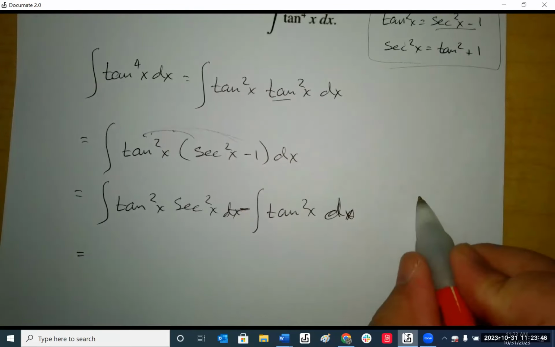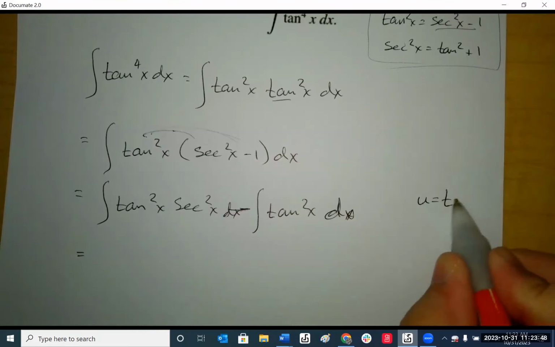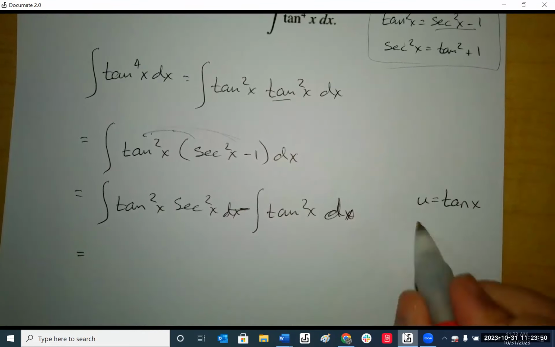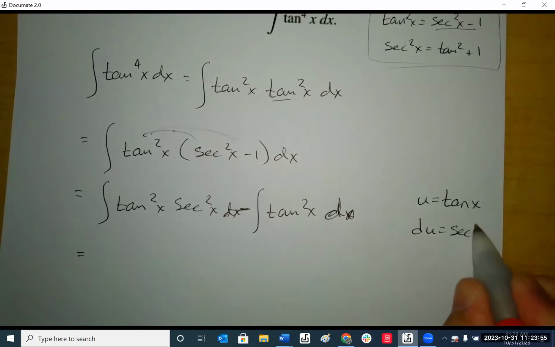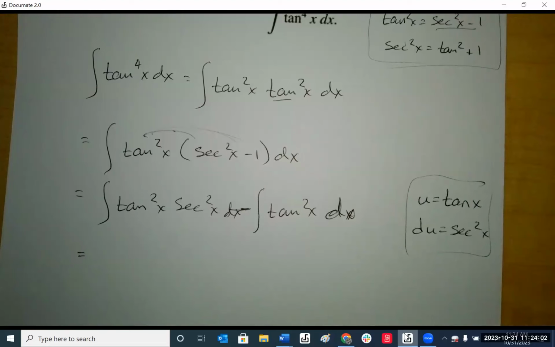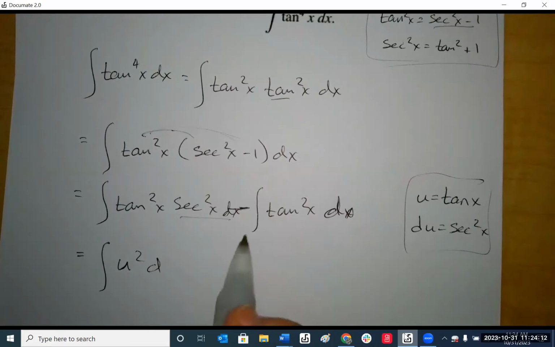So for substitution, since we start off with tangent, let's try u as tangent. So the du of tangent is secant squared. Again, these are all on your cheat sheet. So what we have here is u squared du minus the integral of u squared.